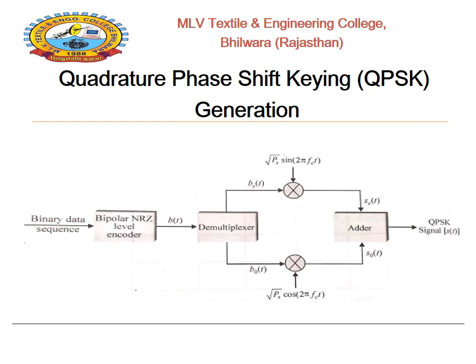In the next PPT we will learn about the generation of the QPSK signal. The basic block diagram is represented in this PPT. The first is the input binary sequence, that is the combination of 0 and 1, which is given to the bipolar NRZ level encoder.